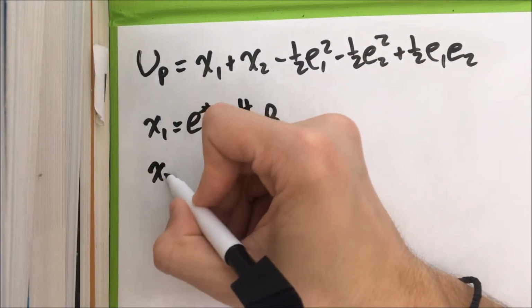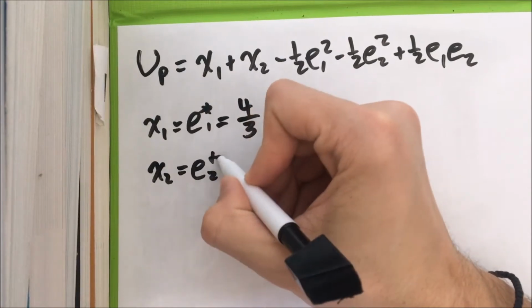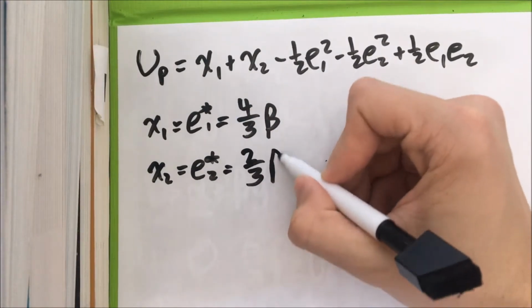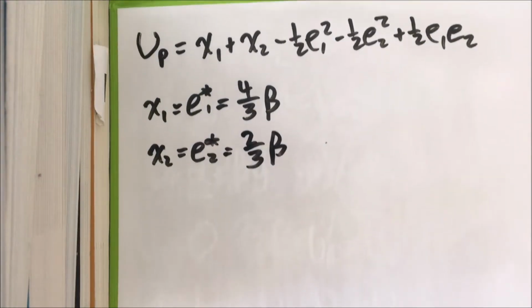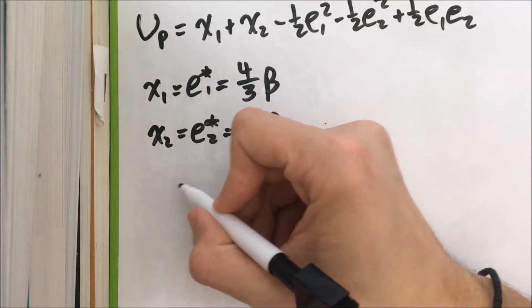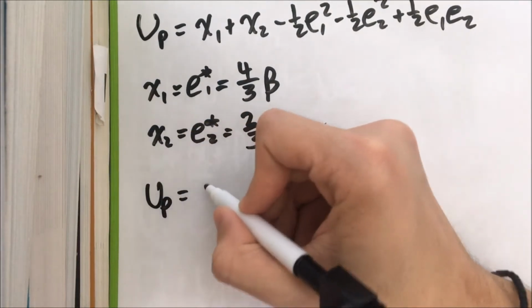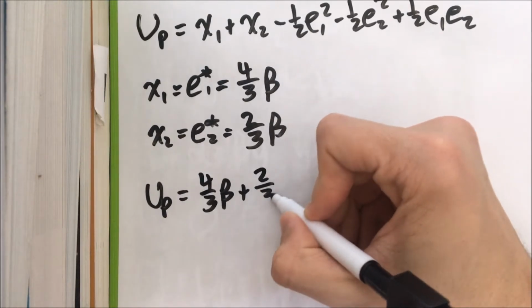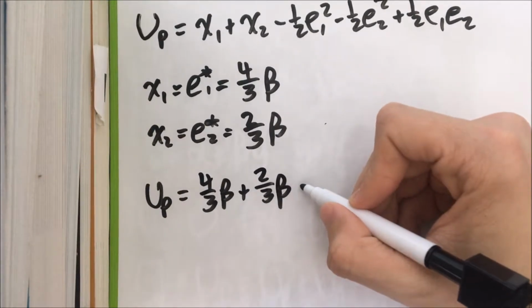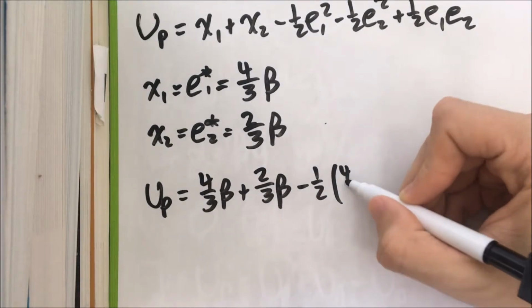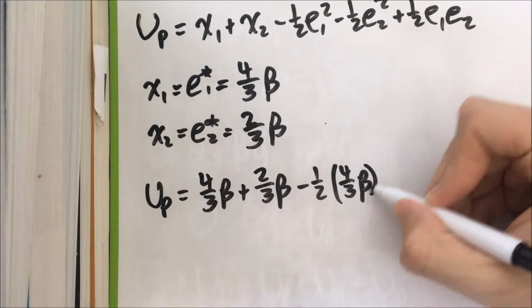We're also going to sub in x2 equals E2 star, which from part A equals 2/3 beta. So we're going to sub these two into this longer equation. That means UP will equal 4 on 3 beta plus 2 on 3 beta minus half 4 on 3 beta squared.